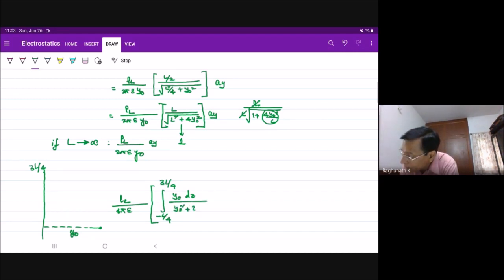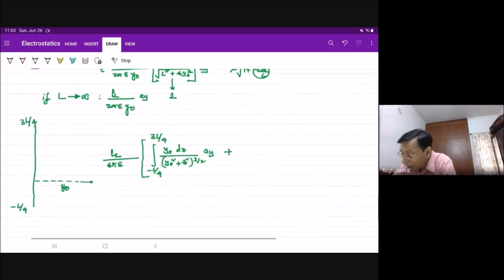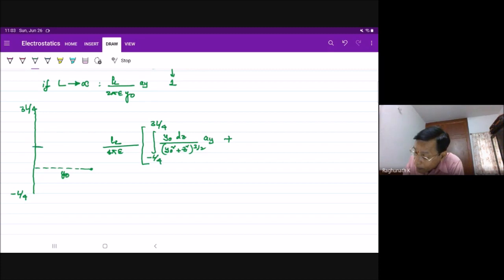y naught square plus z square whole power 3 by 2 ay plus, when I consider the z component, whatever is there as the charge from minus L by 4 to plus L by 4, that part is symmetrically distributed about the foot of the perpendicular.